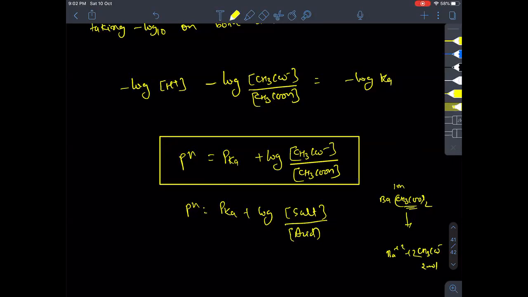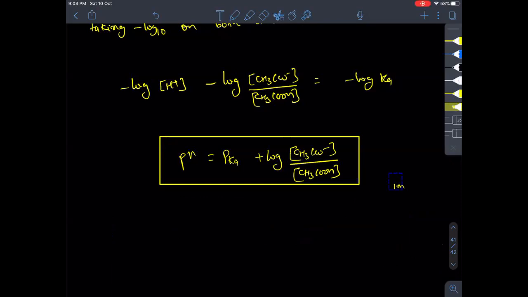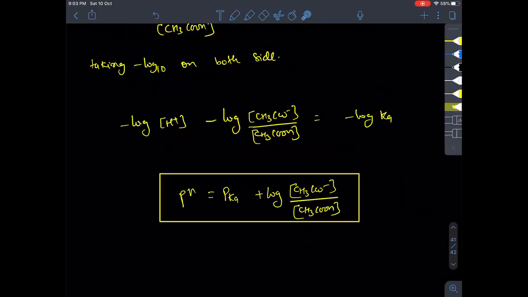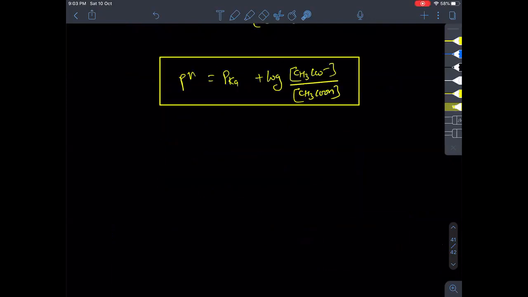So you are supposed to actually write 2 moles over here, but in this expression you will simply write 1. So obviously it will be wrong. I mean, both are not equal. So always remember this. This one we are not supposed to use, but just because it is written in the book, I told you, right? Now let us move to a few problems related to this and how to tackle them.